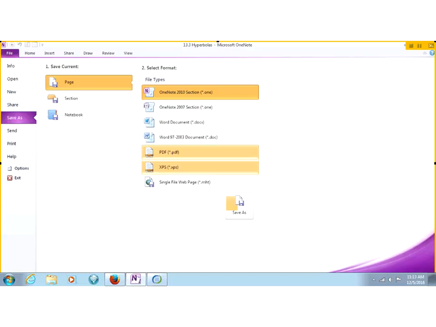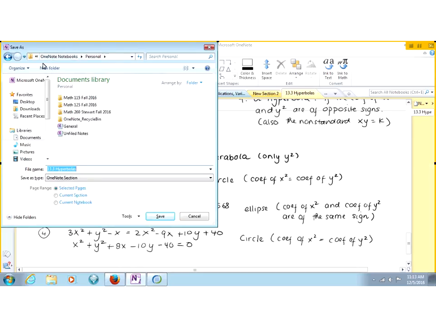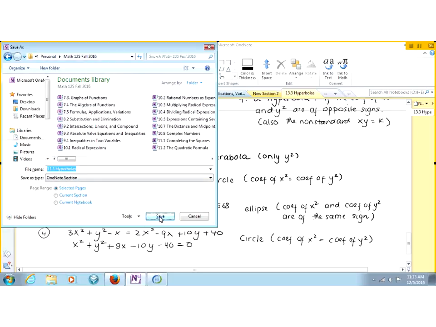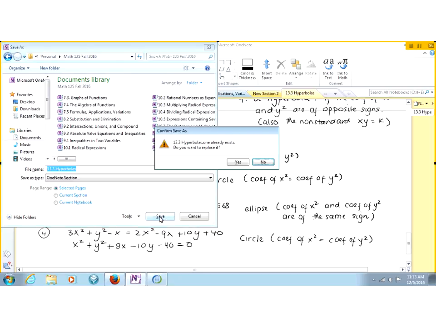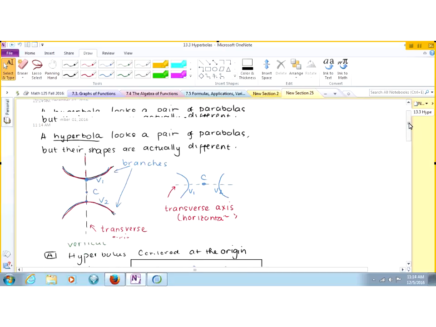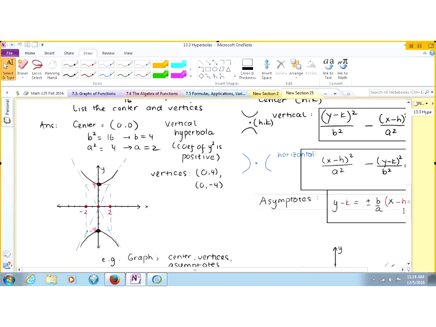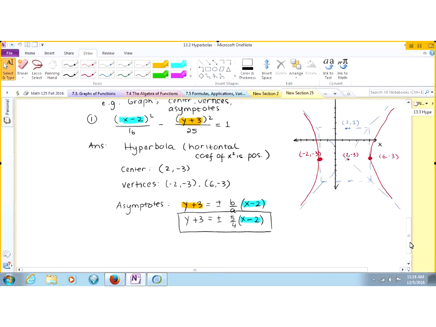Okay, good. So, let's talk about 13.4. So this is hyperbola. Did I just lose it?